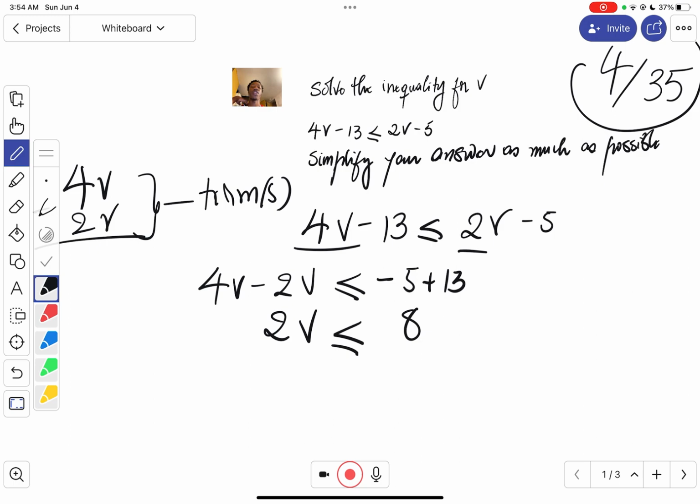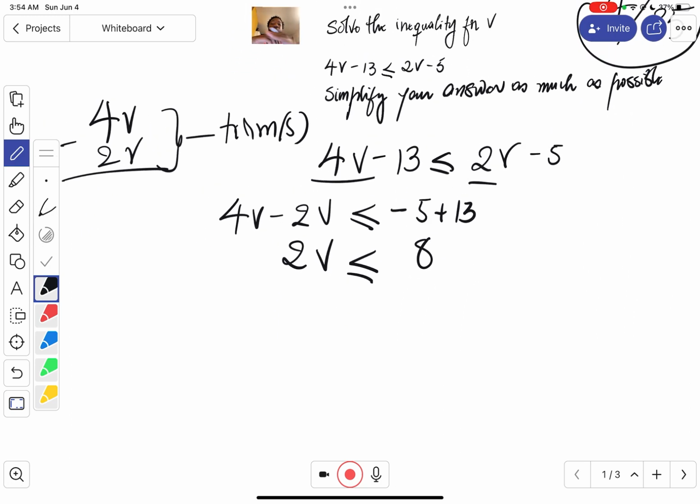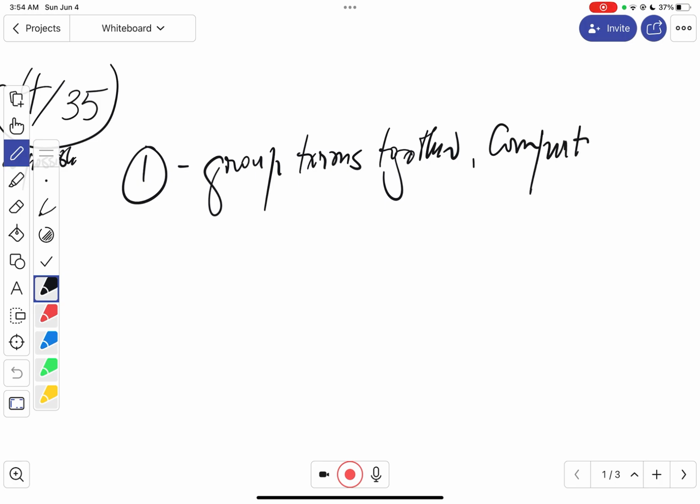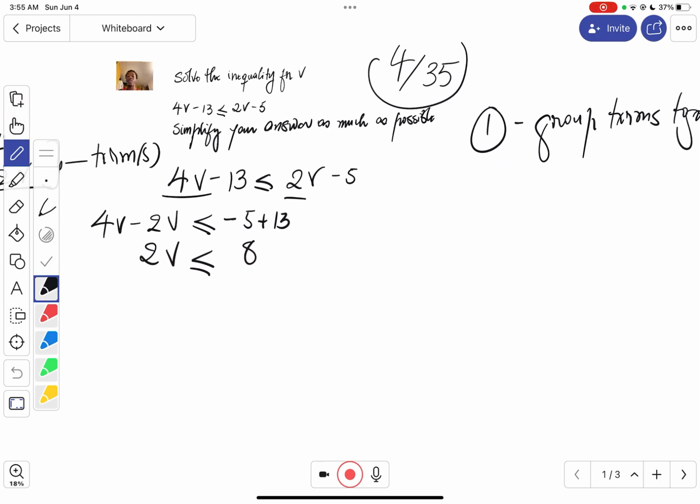So we keep the positive sign, which gives 8, and then you have it. So the first step has been completed: move the terms and compute the numbers.